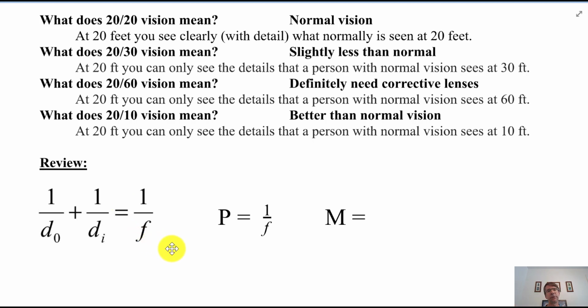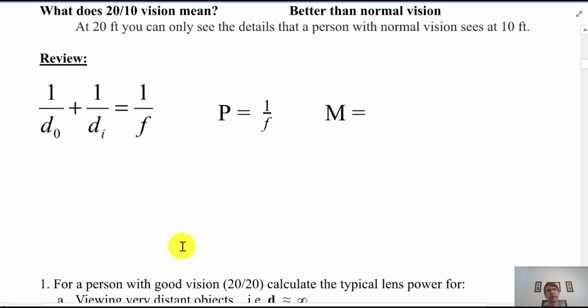But here's some review of some of the equations. Not adjustments, but some review of these. So we have our lens equation, 1 over d sub O, the object, plus 1 over d sub I equals 1 over f, and p equals 1 over f. In this unit, it's going to be advantageous to put everything in meters.